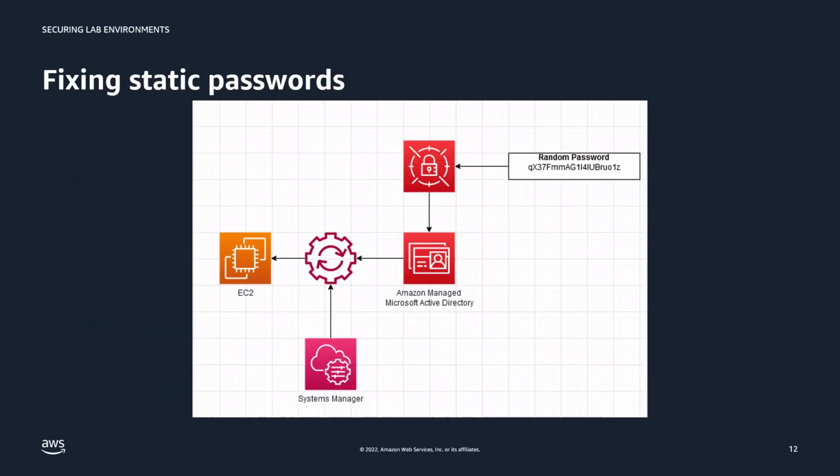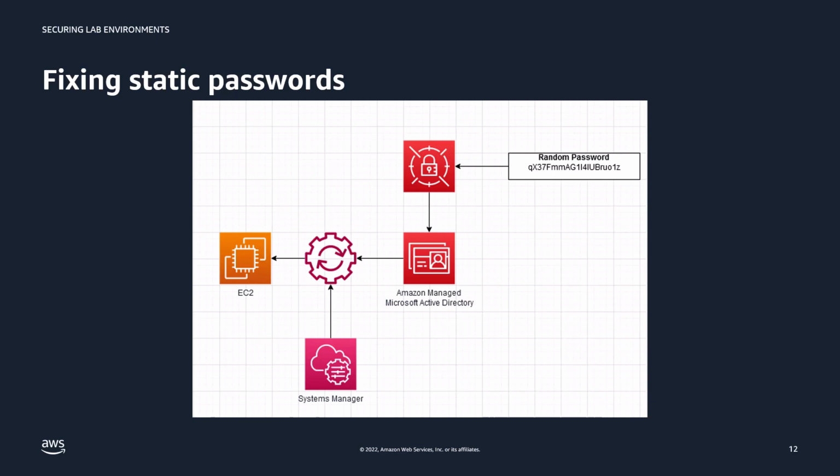The first challenge we need to address in this solution is to fix the issue of using static passwords. Thankfully, AWS provides a simple method to achieve this with the AWS Secrets Manager, used in conjunction with managed Microsoft Active Directory. Now, Secrets Manager can, as part of a CloudFormation template, generate a random password. This achieves the ability to have different passwords for every environment every time, because the password is generated when CloudFormation runs the template.